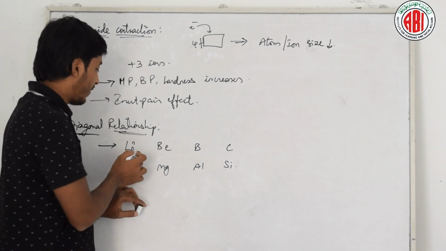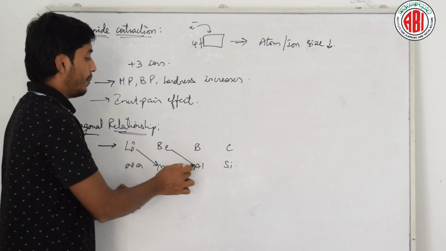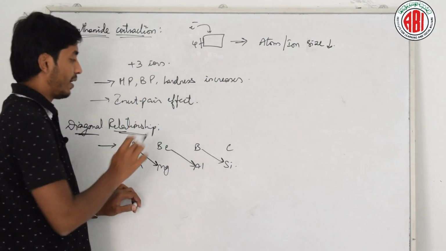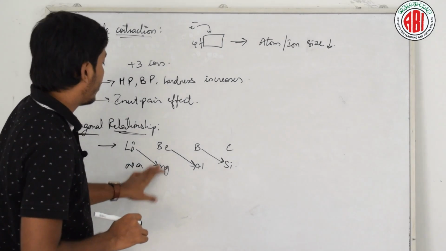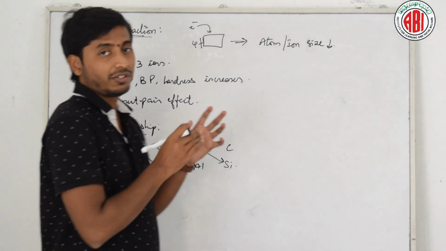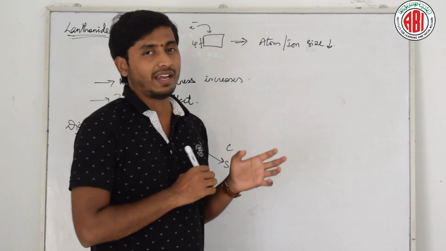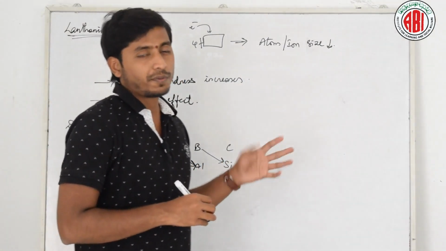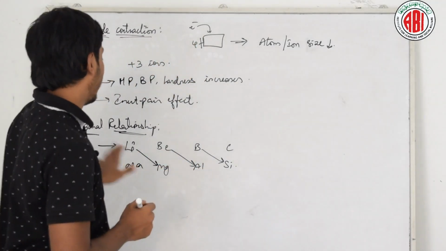Lithium will have similar properties to magnesium, beryllium will have similar properties to aluminum, boron will have similar properties to silicon. This kind of diagonal relationship is maintained through particular groups and periods. This is valid only for groups 1, 2, 3 up to 4, but not more than that. Clear? This is what a diagonal relationship is.